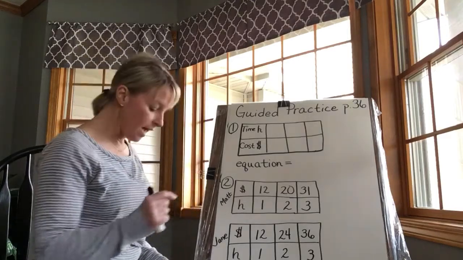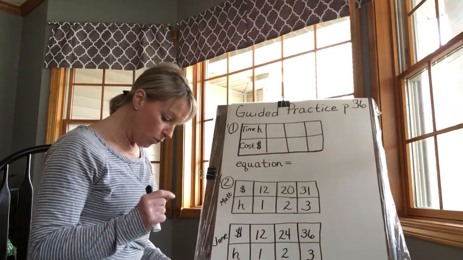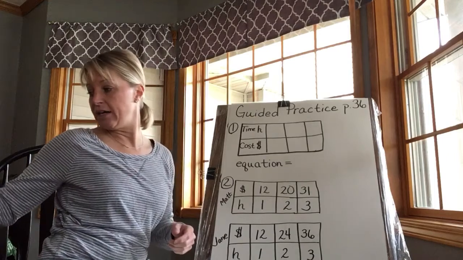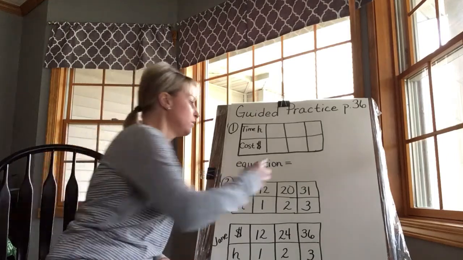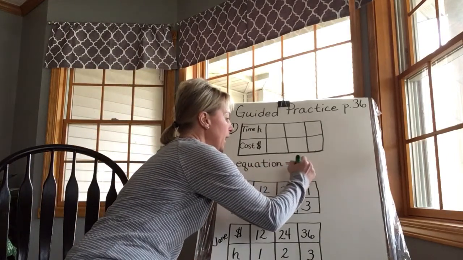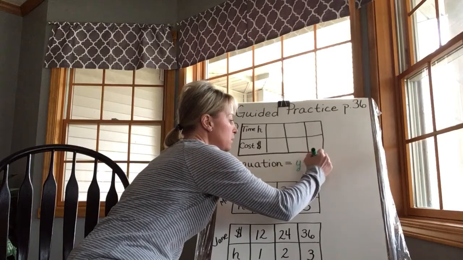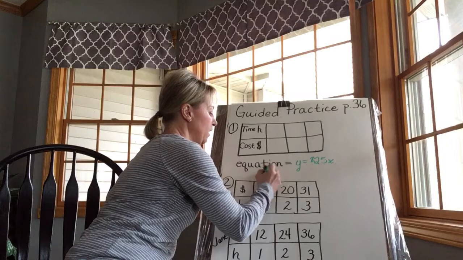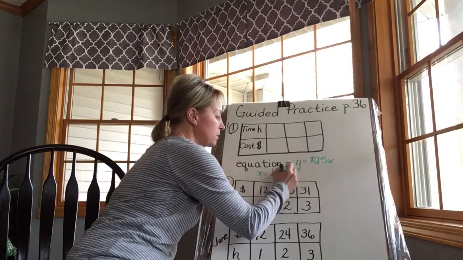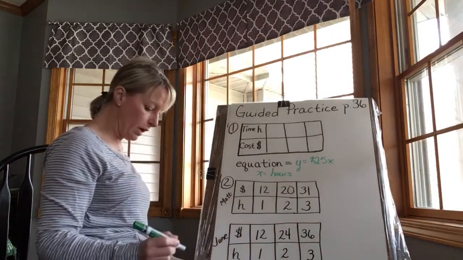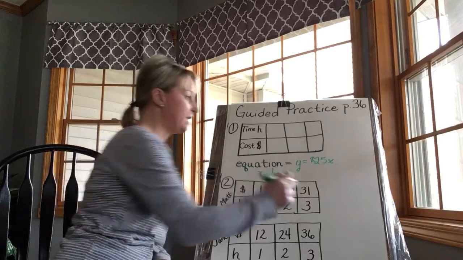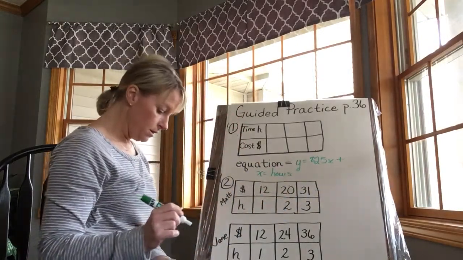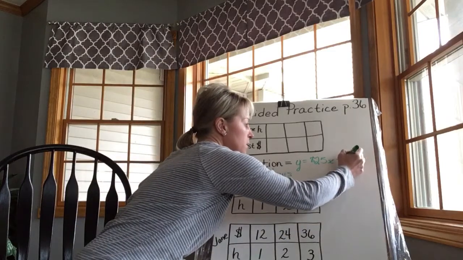It said that it's $25 per hour, so we've got Y equals $25 and my X equals the number of hours. So $25 per hour, but then it also says in addition, so we're going to add $12 charge.